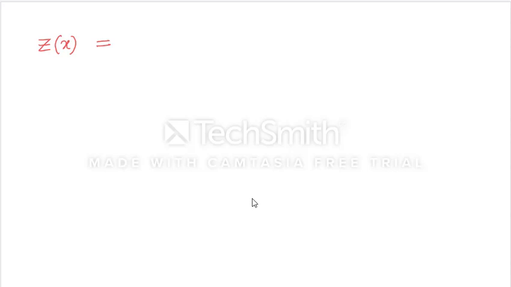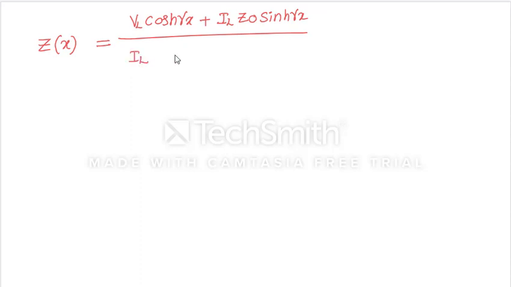Yes, V of x. What is the V of x we have seen? That is VL cosh(γx) plus IL Z0 sinh(γx), divided by IL cosh(γx) plus VL by Z0 sinh(γx), isn't it?